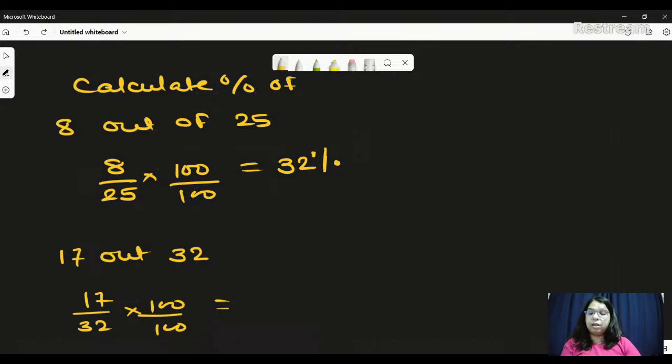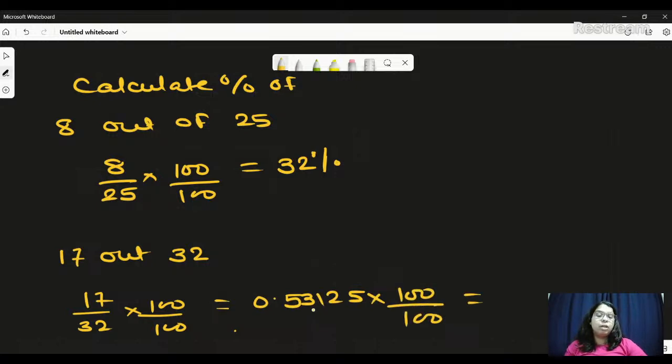So 17 divided by 32 is equal to 0.53125. 0.53125 multiplied by 100 over 100. So I will get 53.125%.